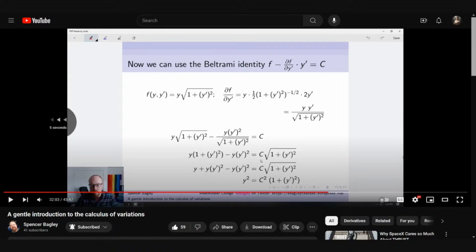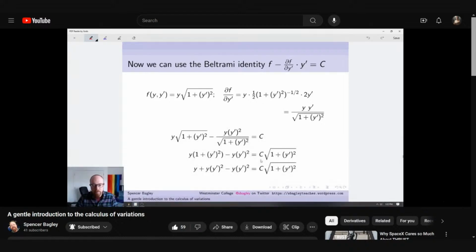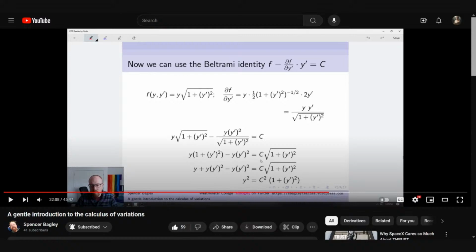I can now distribute this y through, and then some stuff is going to add to 0. I guess these two are 0, so y equals c. So these two cancel out. So y equals, why is it y squared equals c squared? Oh, he's squaring both sides. Okay, so that's fine.